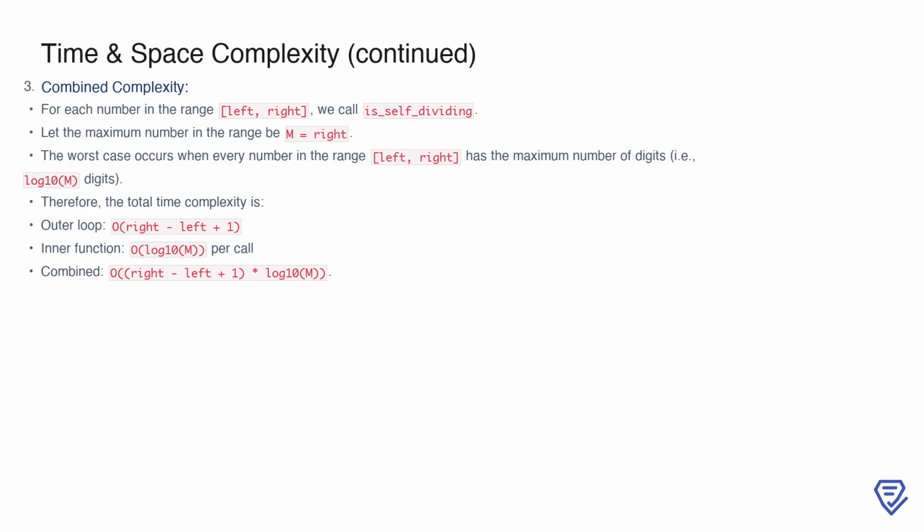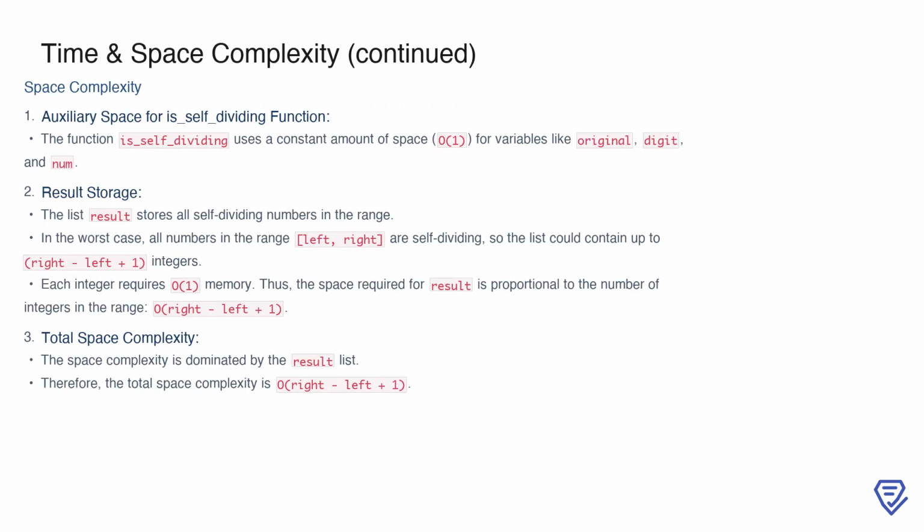Next, let's analyze the space complexity of the solution. Starting with the is_self_dividing function, we see that it uses a constant amount of space to store variables like original, digit, and number. This means the auxiliary space used within the function is O(1). On the other hand, we also need space to store the results of all self-dividing numbers in the range.